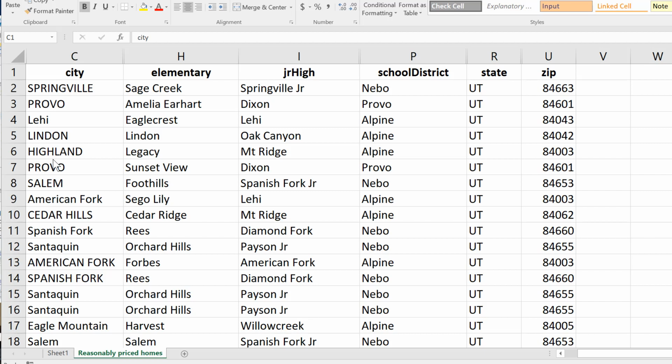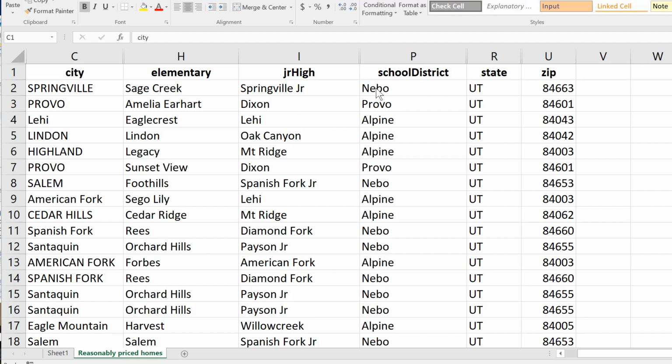Here we have city, and in city we have a finite number of zip codes. If I know the zip code, I know what city it is. If I know what city it is, I know that there's one or just a few different zip codes for a city. If I know the elementary school, I also know what city it's in and what zip code it is in.